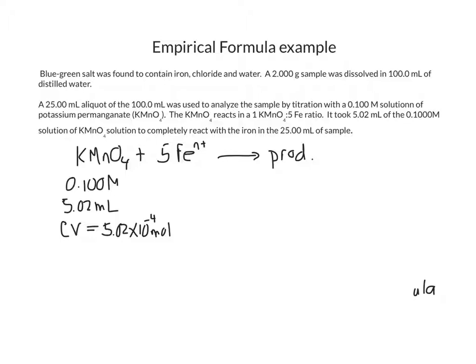So now I need to figure out what's the equivalent amount of iron for that number of moles of potassium permanganate. And so I'm going to use the stoichiometric coefficients to do that.